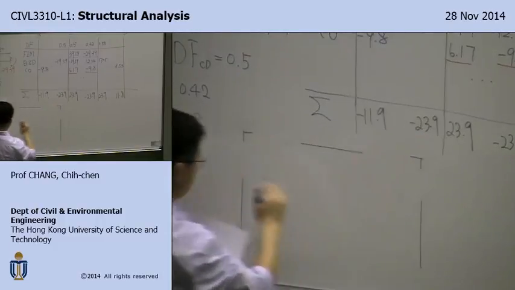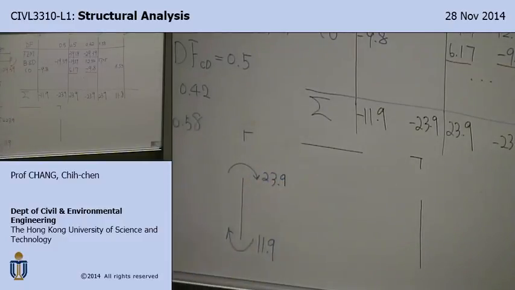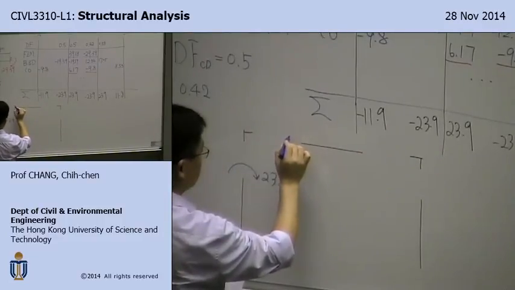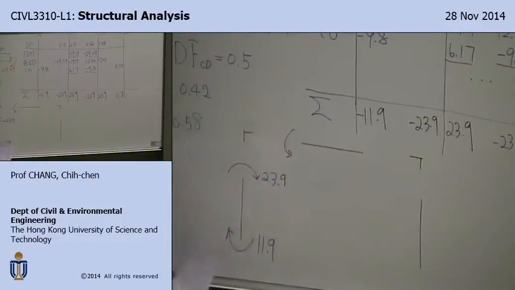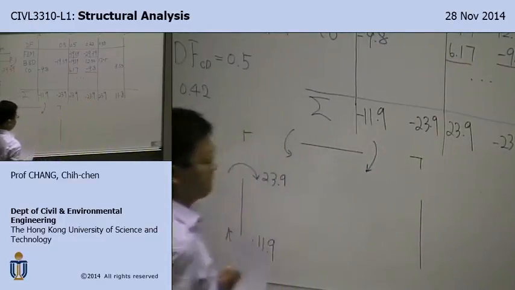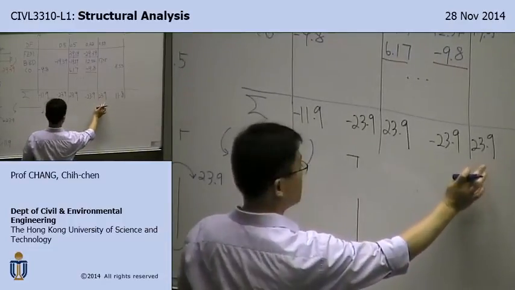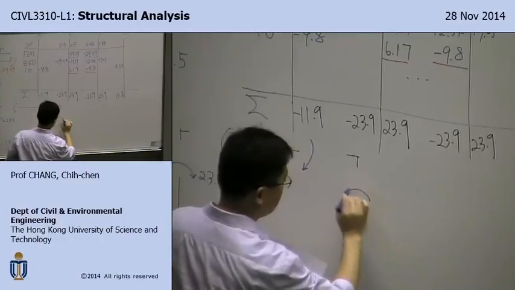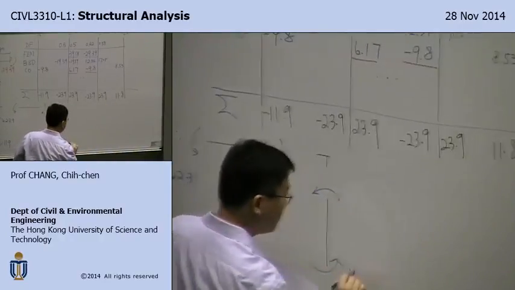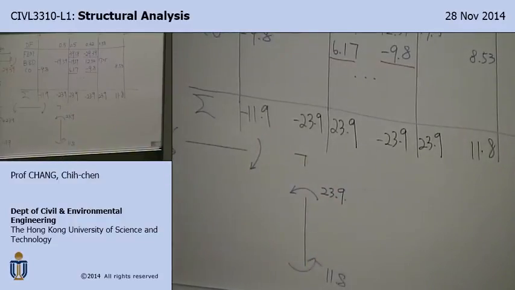Here, minus clockwise. Positive counterclockwise. Negative clockwise. And this is DB, counterclockwise, and this is counterclockwise. All right, so it goes like that.